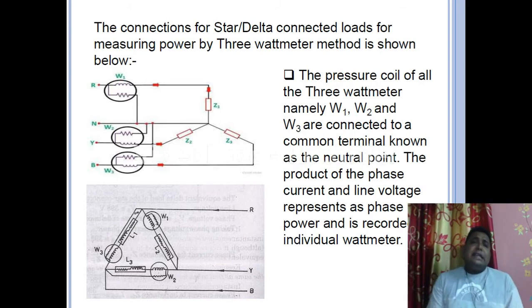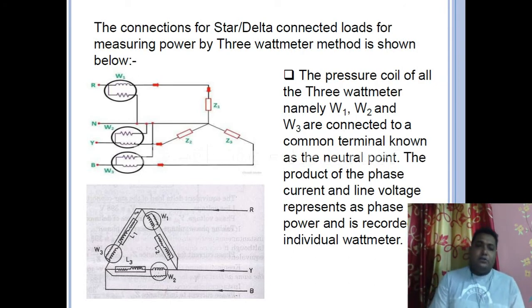That means the product of phase current and line voltage gives us each wattmeter reading. I have already told you that the wattmeter is measuring voltage and current, so the product of that is shown in the wattmeter.